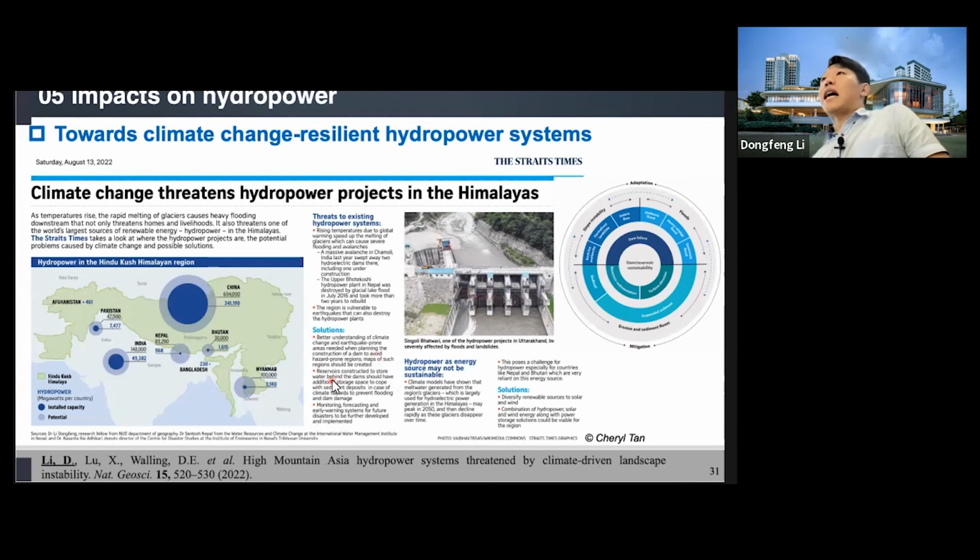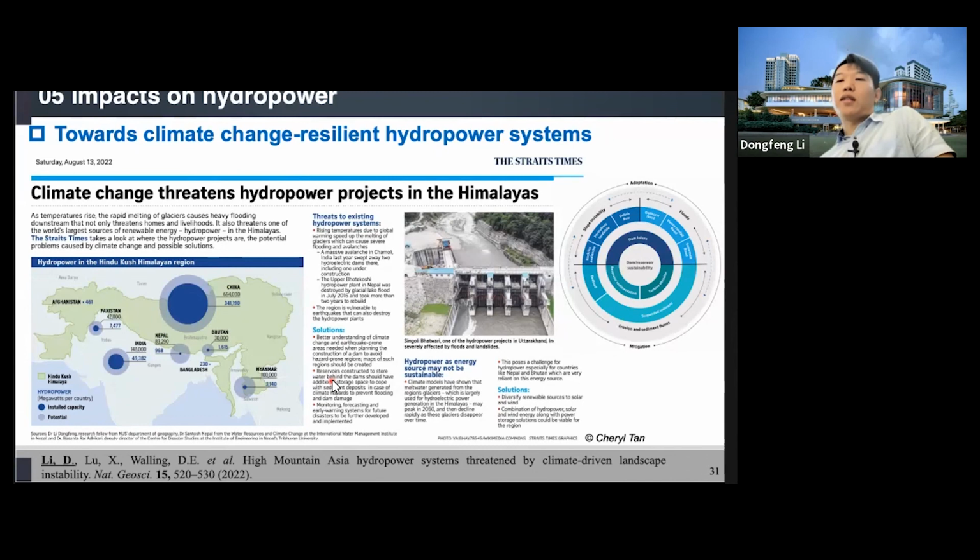If we look at the IPCC report, when we search hydropower, mostly they only consider the impacts of climate change on changing river runoff, which then affects hydropower generation. But you can almost never see that they consider the impacts of climate change on potentially increasing river sediment, which then affects the storage of the reservoir and its lifespan.